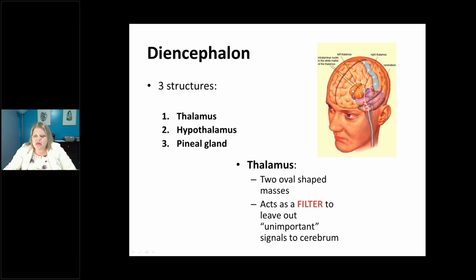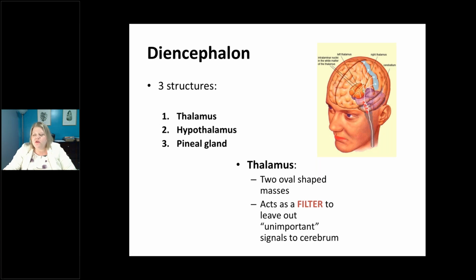So first of all, the thalamus, as depicted in this picture, is two oval-shaped masses. Its significance is that it acts as a filter because it receives all of the sensory input from the body, okay?